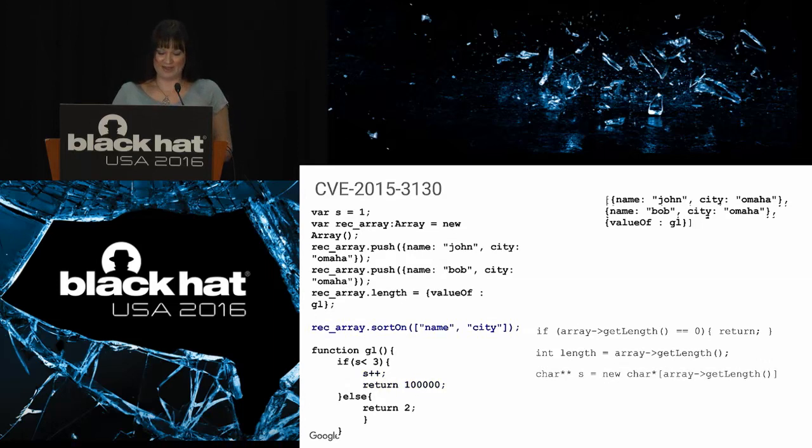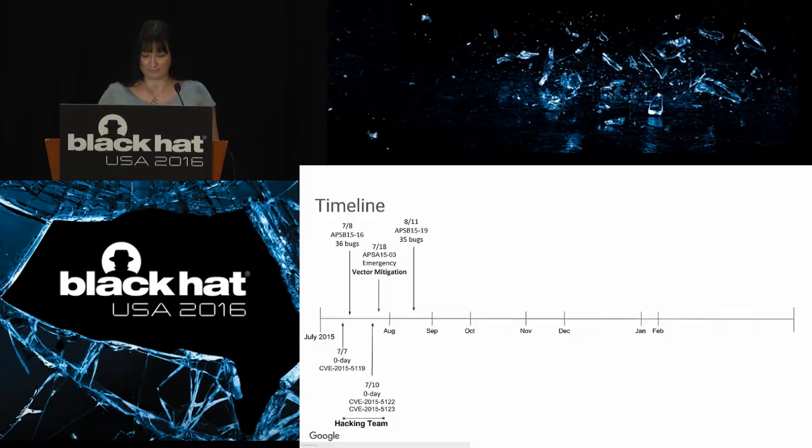And then one more time, it fetches the length to allocate memory. And this time it returns 2. And I think everyone can figure out what happens next here. It does a memcpy on this array, and the length is way too big, and that's an overflow. And it's actually a fairly useful overflow because you can both change the size of the thing that gets overflowed and the size of how much you overflow.